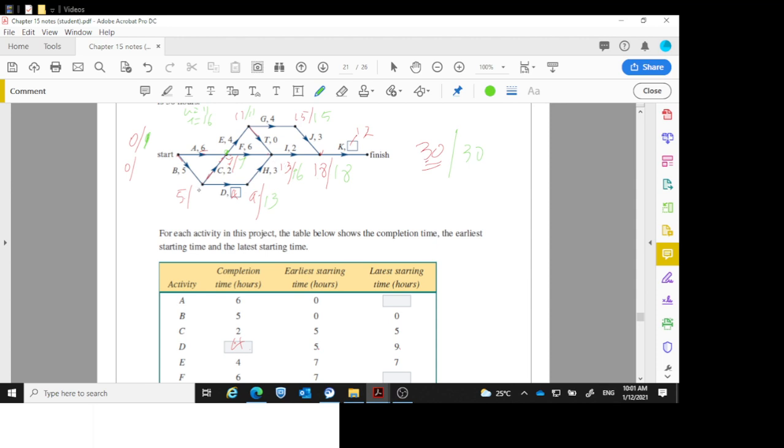Finishing along here, 7 minus 2 is 5, or 13 minus 4 is 9. 5 is the smallest. 5 minus 5 is 0. So now we can fill all those in.